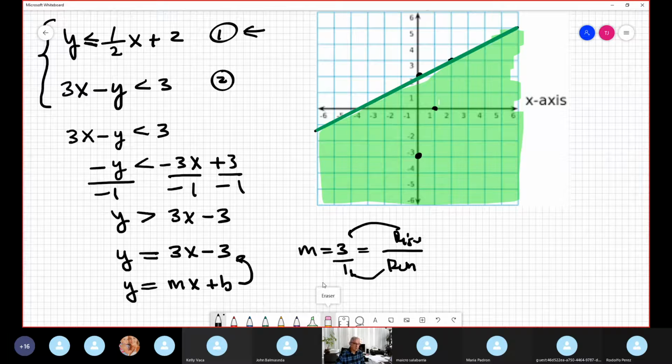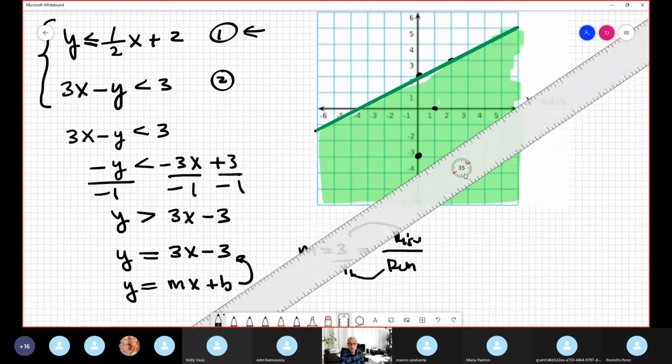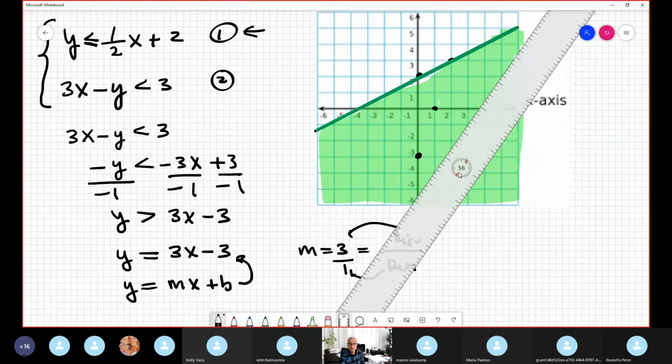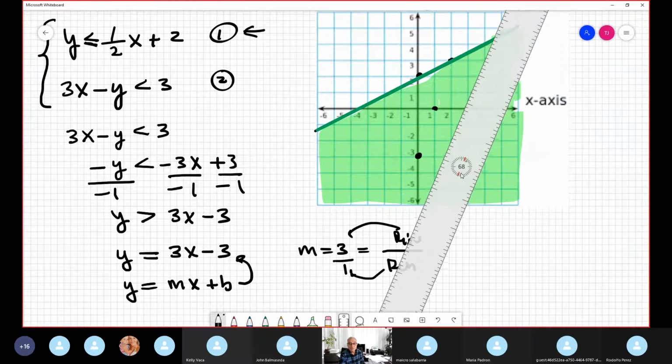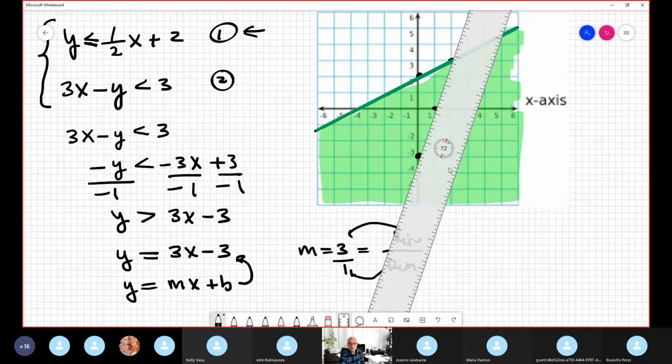Now you are drawing the line. What kind? Dotted line in this case. Connecting this point and this point. Dotted line.